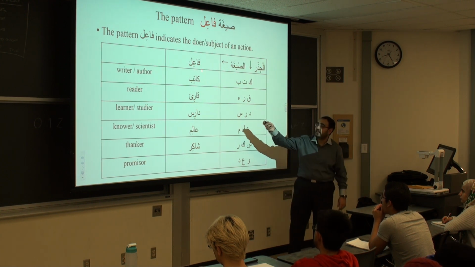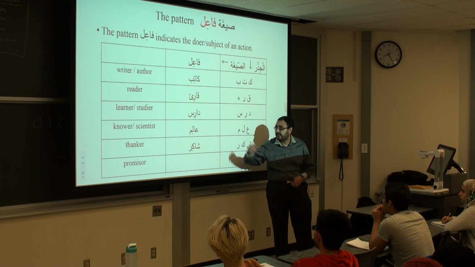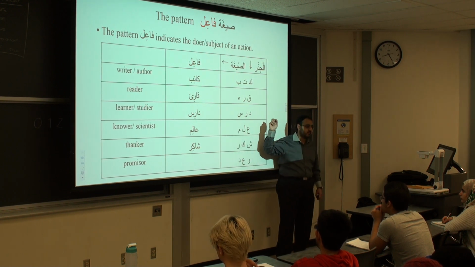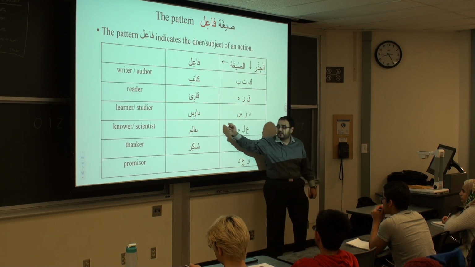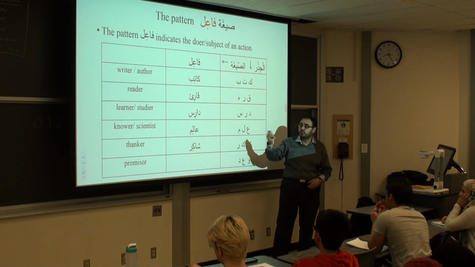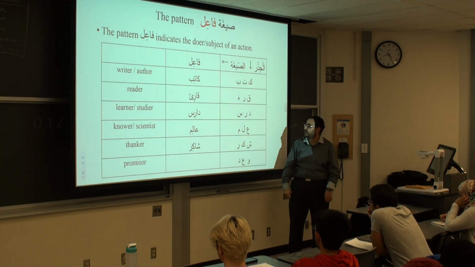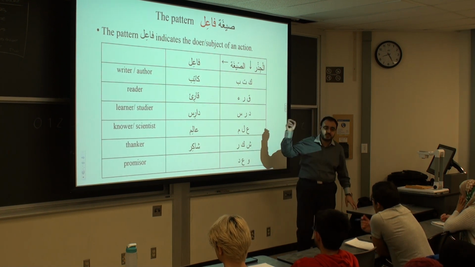And you add the alif and kasra as usual, so it will be darris. This root, dal, ra, sin, has to do with learning or studying. So darris will be the doer of the action, i.e. the learner or the studier. Okay. Next one.